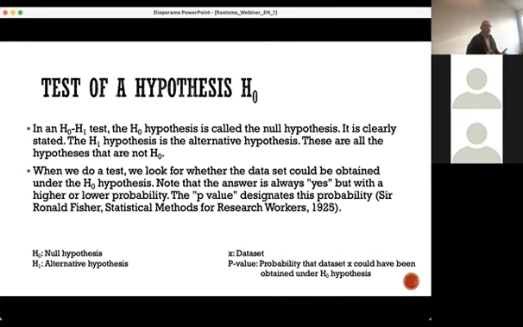Then, when you are doing the test, you will check if the data could have been obtained just by chance, or if the probability that chance gave such a level of difference is so low that you will conclude there is a true effect.